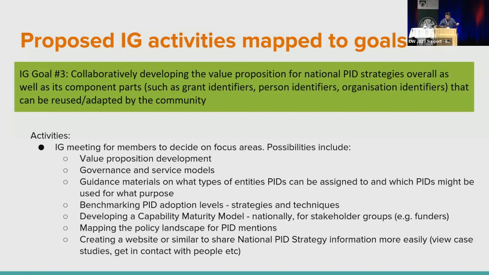They might be, for example, value proposition development, governance and service models, guidance materials on the types of entities or PIDs that could be assigned and what purpose they serve, how to benchmark PID adoption levels, different techniques or what's worked, developing a capability maturity model, which is another way to go, mapping the policy landscape or creating a website or something similar for strategic information sharing or exchange.